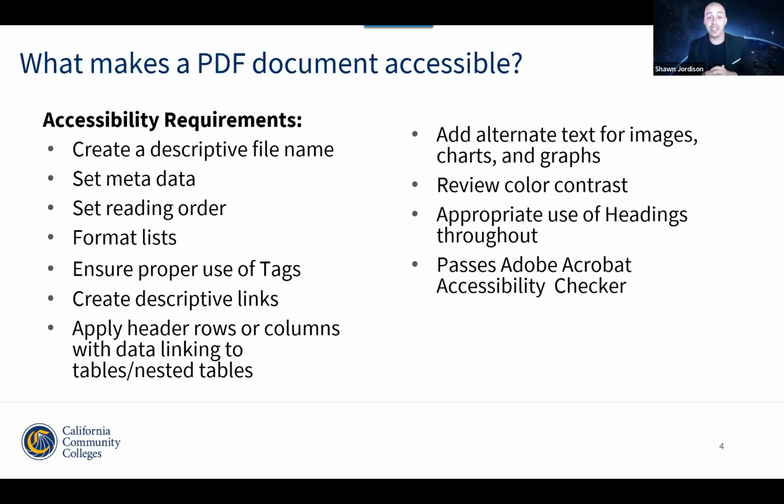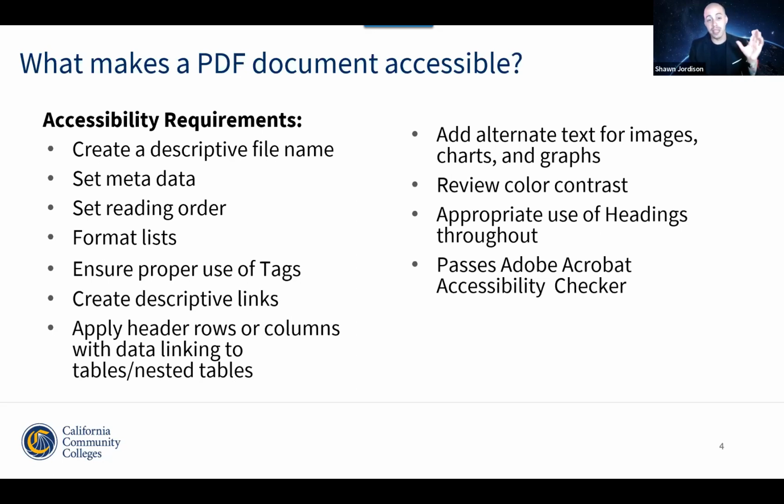All of the links need to be descriptive. That means avoid things like click here and more info. Every table in the file should have header rows and columns with data linking. Alternate text needs to be applied for images, charts, and graphs. We also need to look at color contrast and the appropriate use of headings throughout the entire document. And then finally, I like to make sure it also passes the Adobe Acrobat checker.